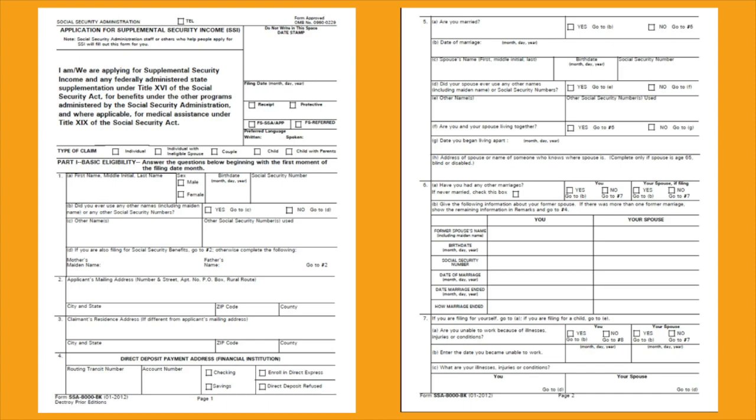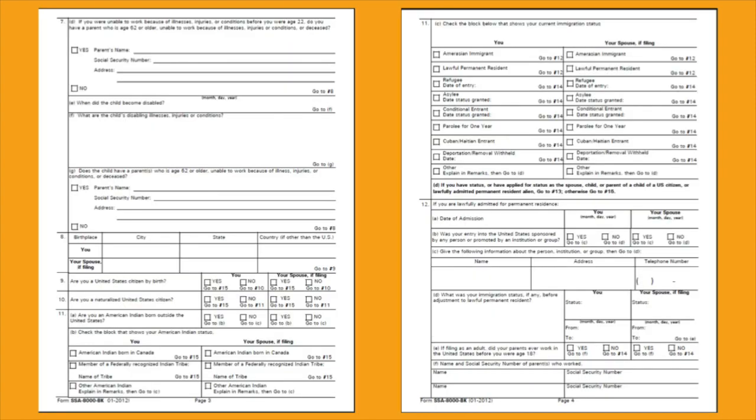The next page is about your citizenship, and there's a lot of citizenship questions. Most of the folks in the county here that I've worked with, most of them are citizens, so the next couple of pages typically you don't have to deal with, but they do ask if you are not a citizen, the level of information about your relationship to our country.